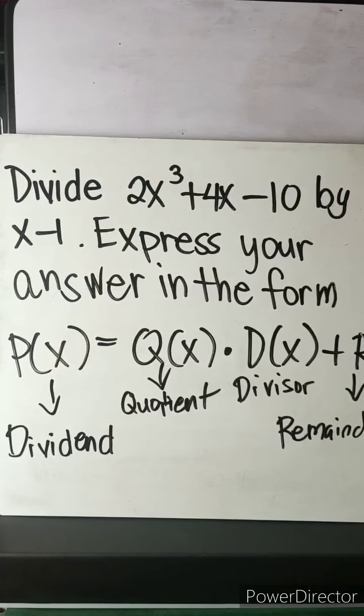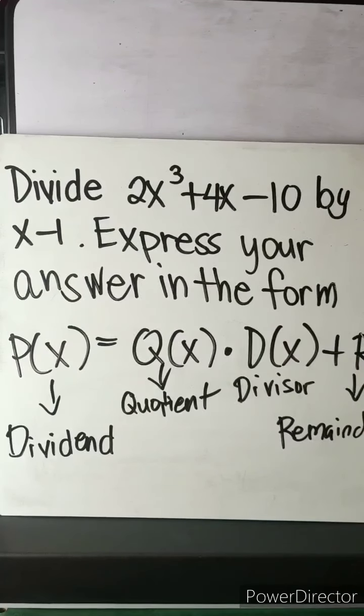So, kung mapapansin nyo po, yung 2x cubed plus 4x minus 10, wala pong x squared. Sa pagdi-divide po kasi ng polynomial, better to write the dividend in complete terms, in decreasing order.